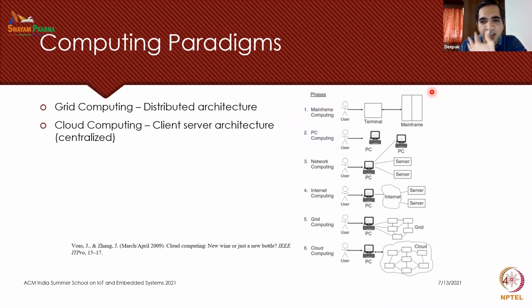So that was the initial way computing happened. Then the PCs, or personal computers, started becoming more and more powerful, and that led to an era where a mainframe was no longer required. As they became more powerful, they became equipped to handle tasks that required a lot of computation. So you could do a lot of intelligent things on your personal computers itself. That's the second phase, which is called the PC computing phase.